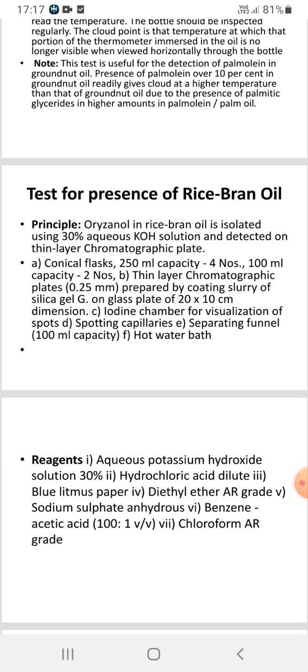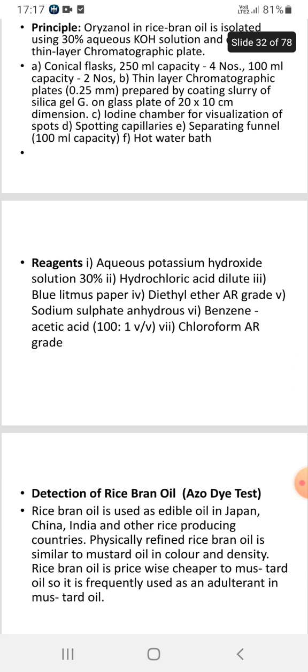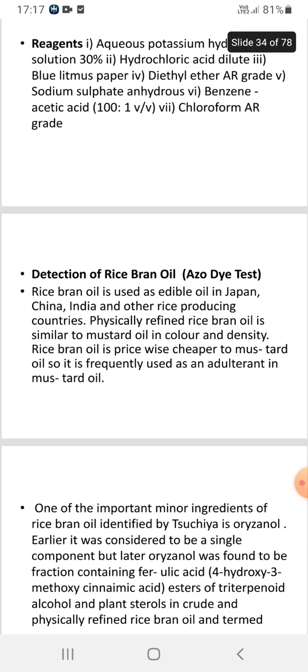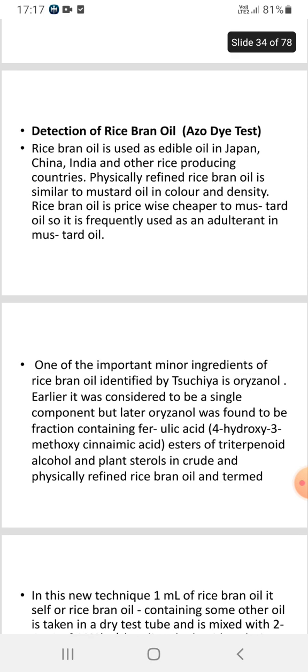Rice bran contains oryzanol. So this rice bran oil is similar to mustard oil, but it is cost effective as compared to mustard oil, and it is used as an adulterant in mustard oil.